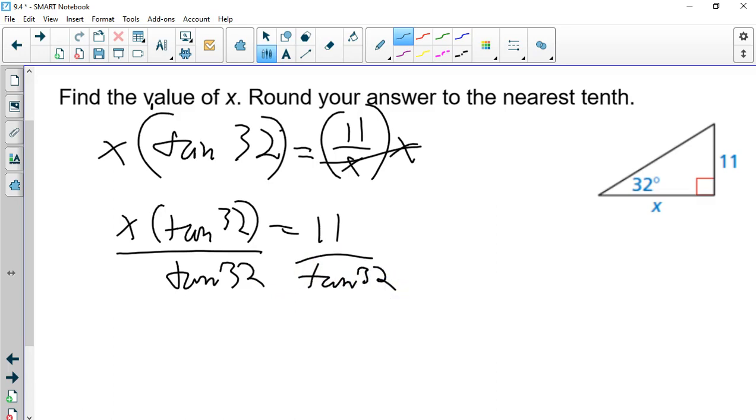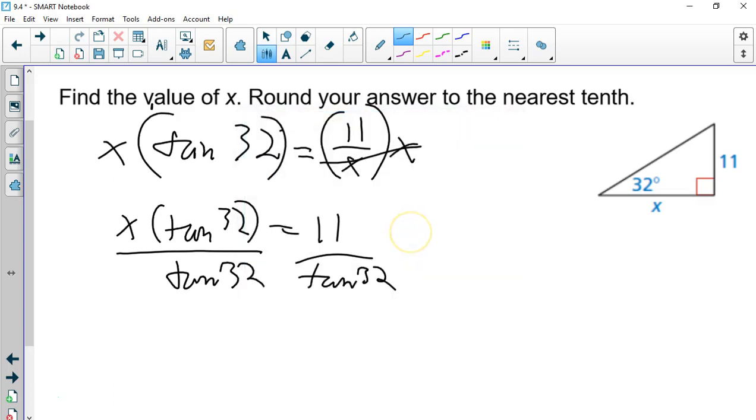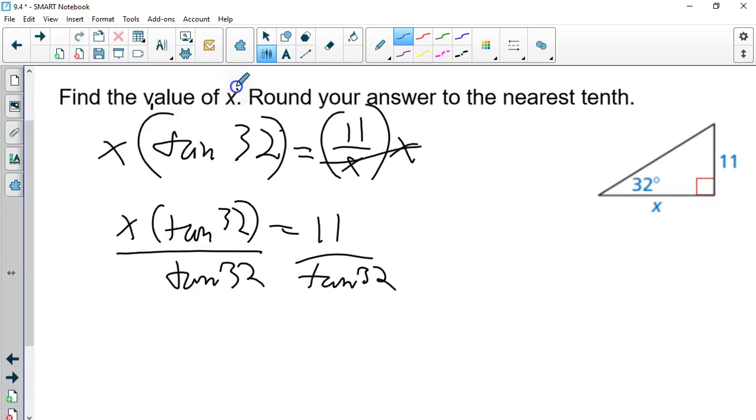Okay? So when you type in your calculator, and you hit tangent of 32, you get a decimal. Okay? So, it is actually a number, so we're dividing 11 by that number.